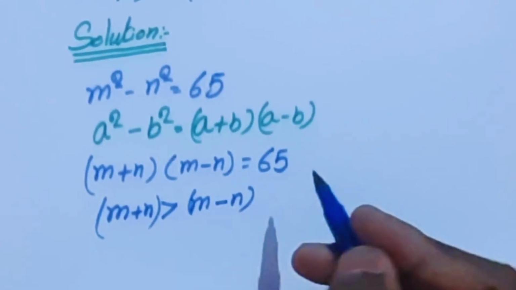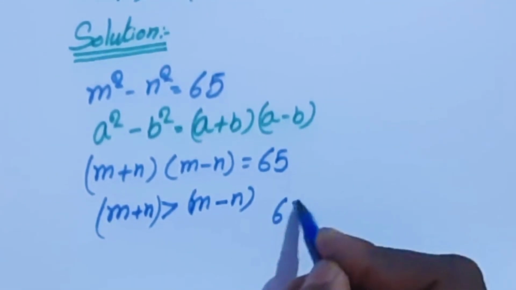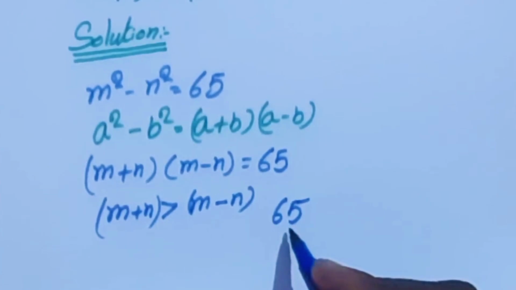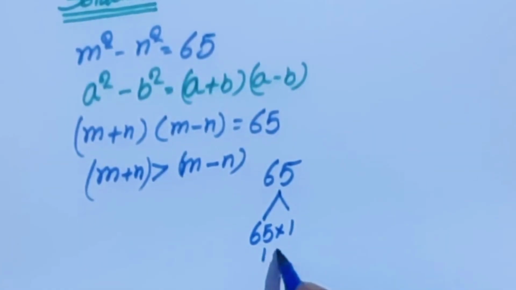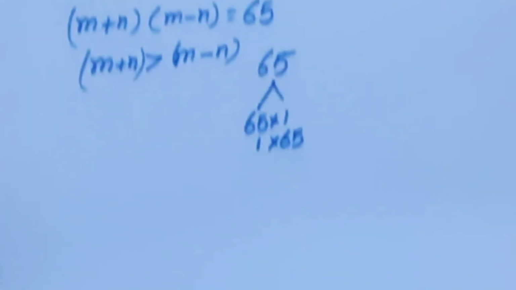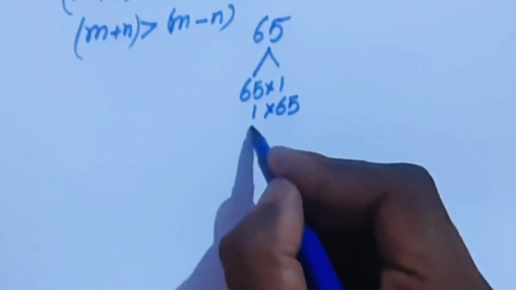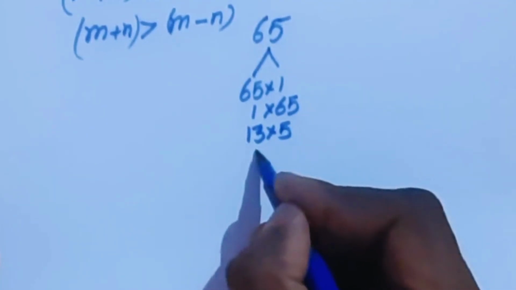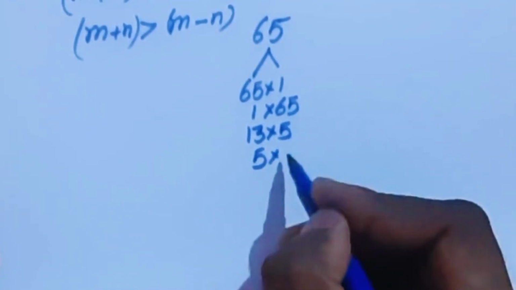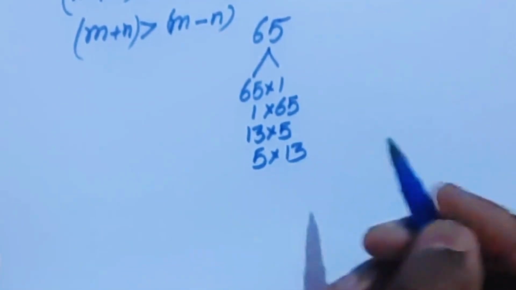this 65 is factorized as 65 times 1, 1 times 65, also this 13 times 5, 5 times 13.